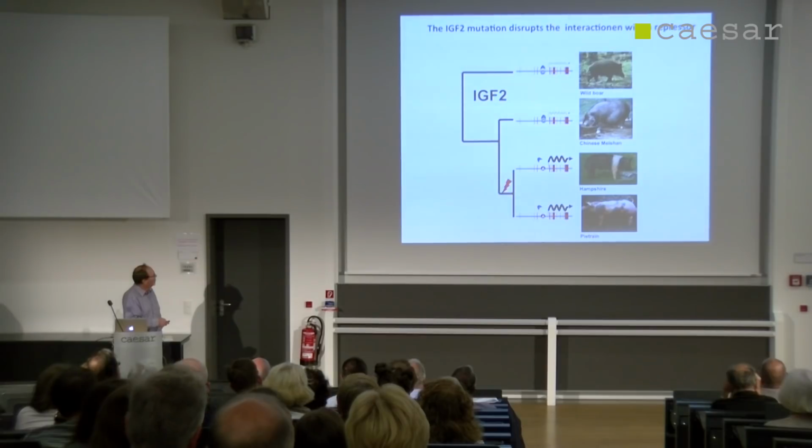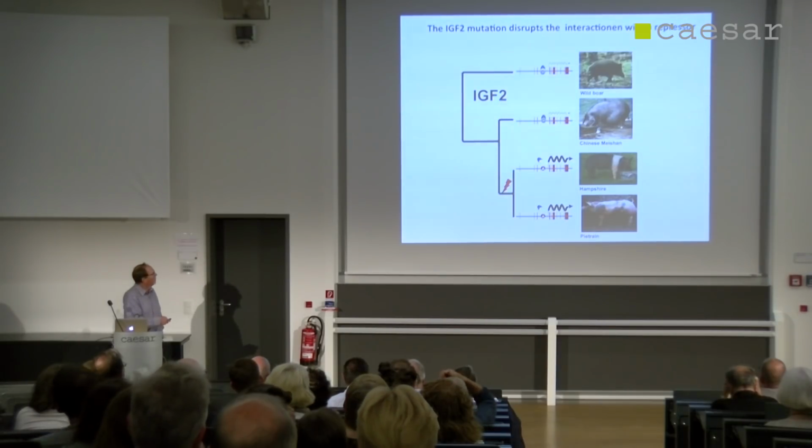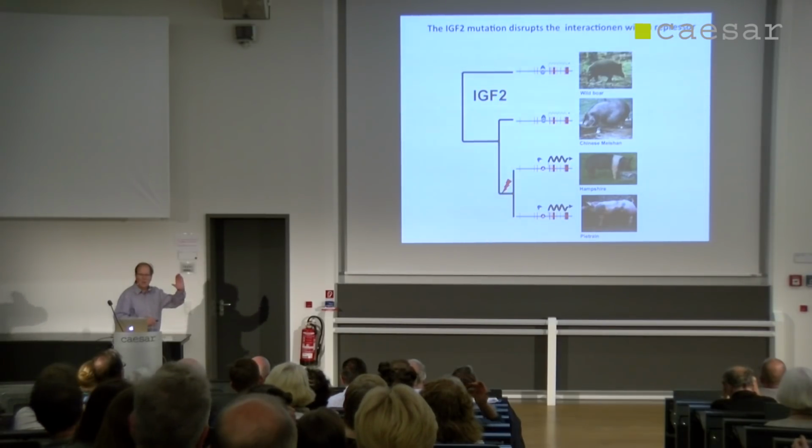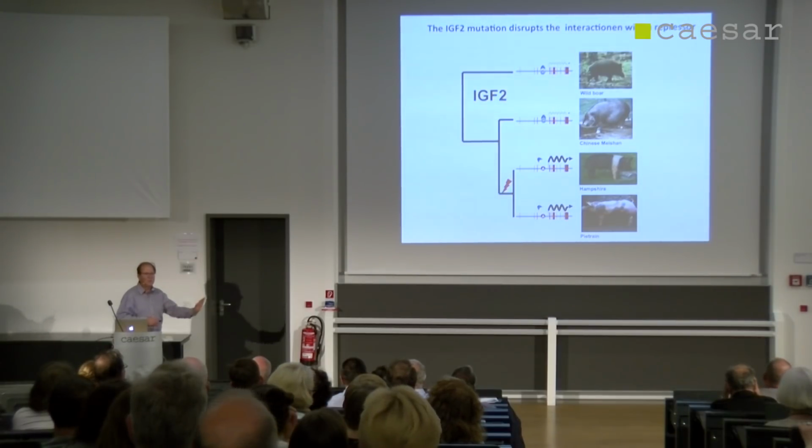What happened in the domestic pigs was that a mutation changed G to A, and when that happened, this protein cannot bind anymore. And then this becomes partially unregulated, and you upregulate and make more of this growth factor, and that promotes muscle growth.